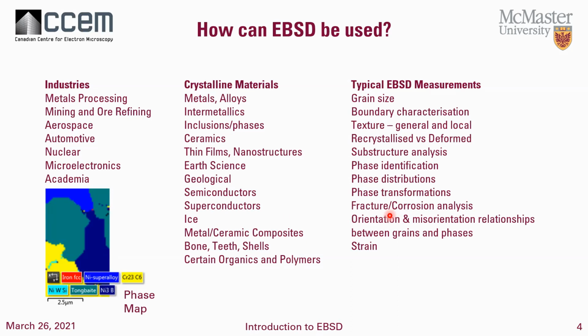We are concerned just with crystalline materials, but there are a lot of different industries and areas of academia where we use this technique. You may be looking at pipelines, turbine blades from the power industry, components from the nuclear industry, microelectronics, solar panels, that sort of thing.